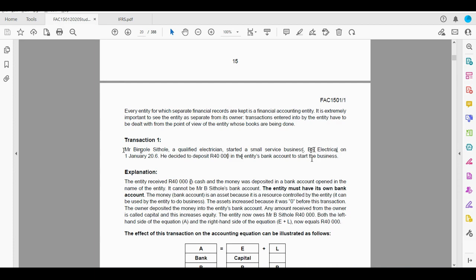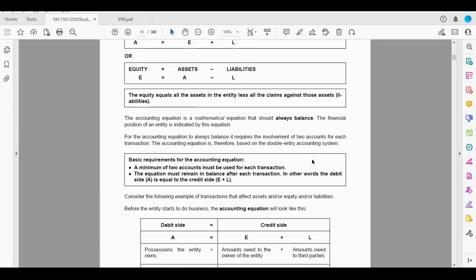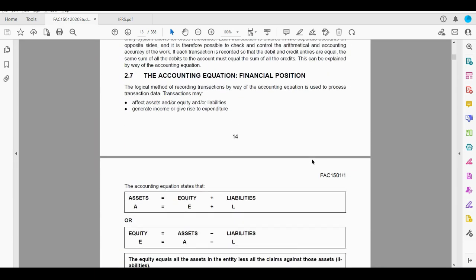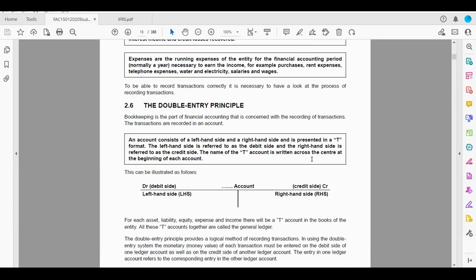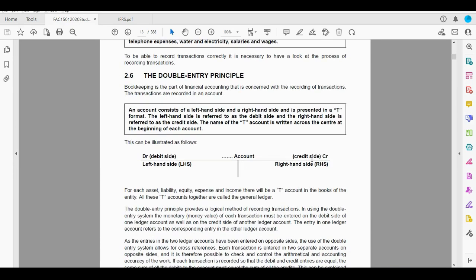Remember that accounting uses the double entry system. For every debit, you'll always have a credit because you have to account for what happened. If, for instance, you're saying you received money, you need to also indicate where you got it from. Then the accounting is complete, because the purpose of accounting is to record the whole story.